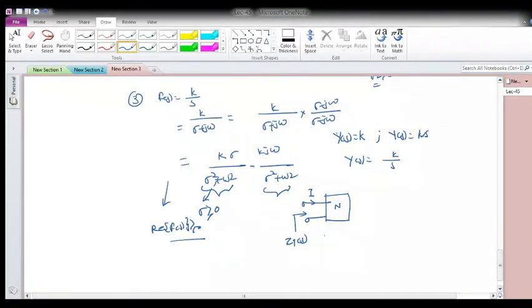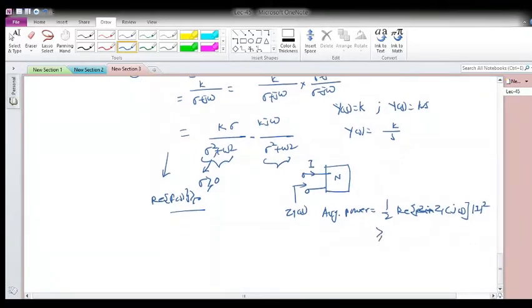It will be generally half into the real part of impedance Z1(j omega), into magnitude of I square.